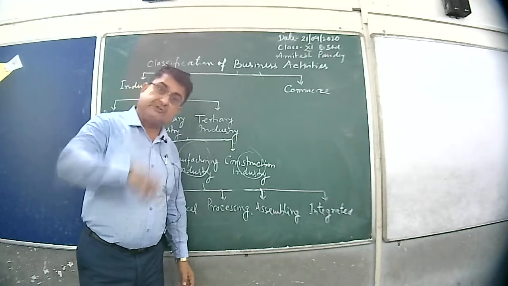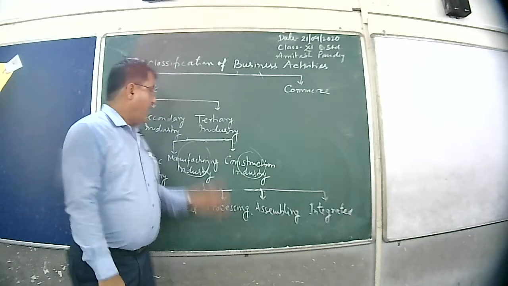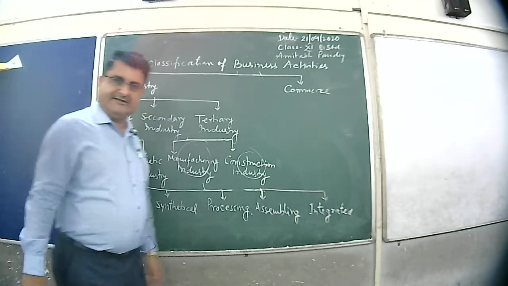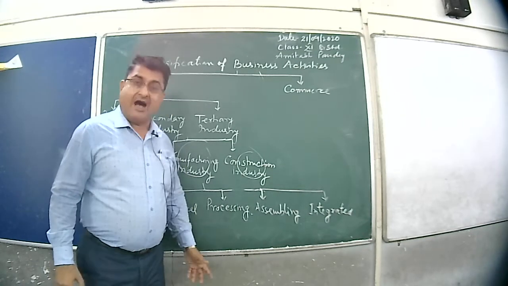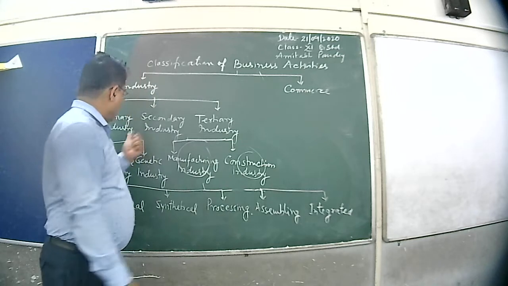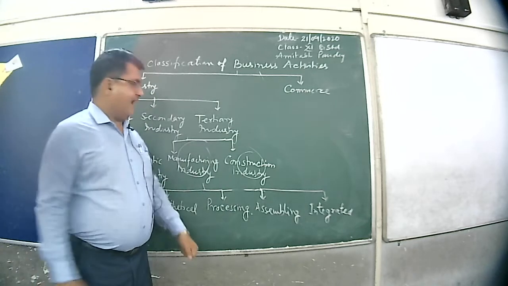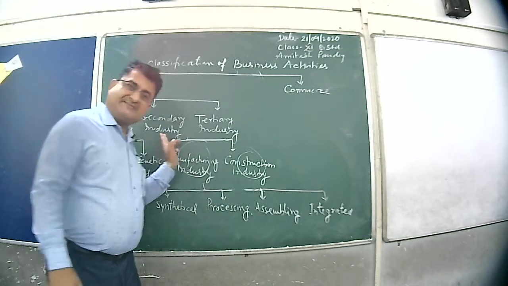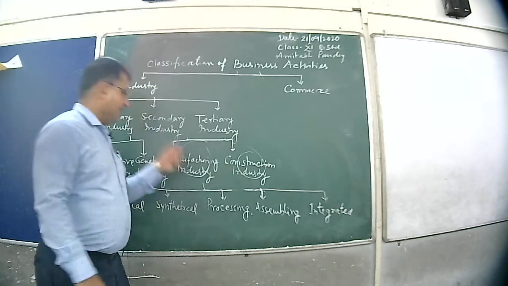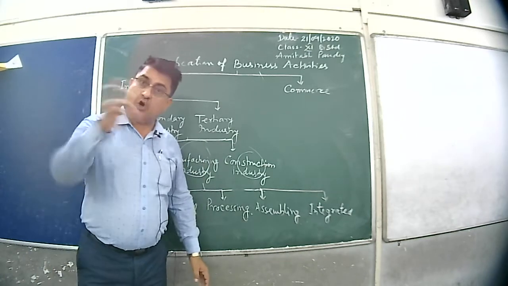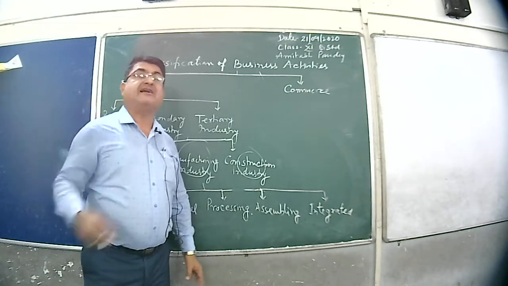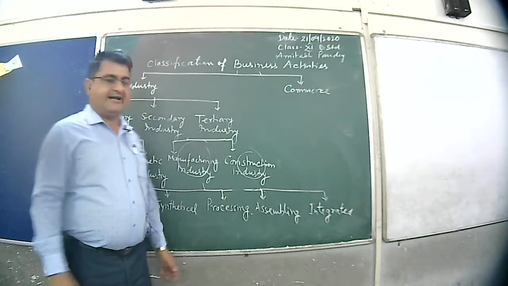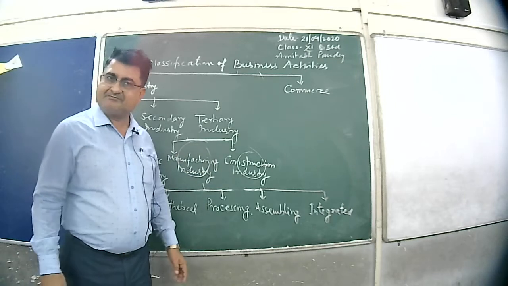Here, the actual transformation of the output of primary industry into a finished product happens. Whatever is the output of primary industry becomes input of secondary industry, especially manufacturing industry, and those inputs are passed through different manufacturing processes so that output is produced.